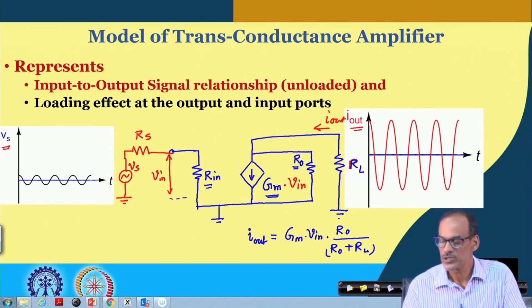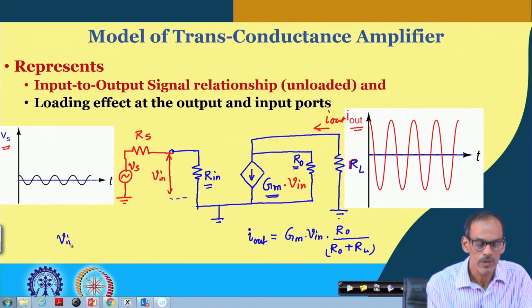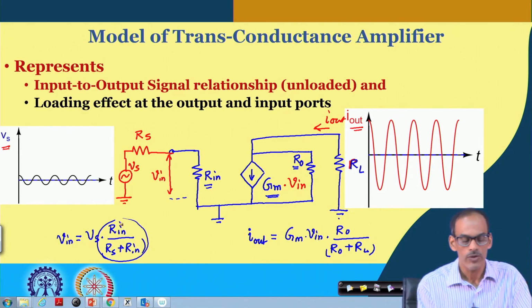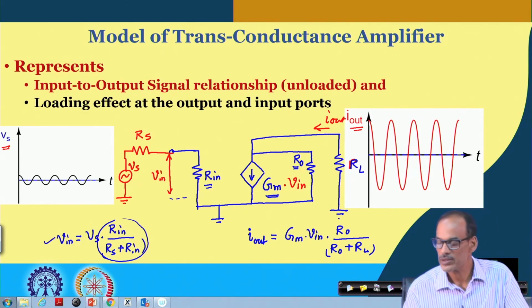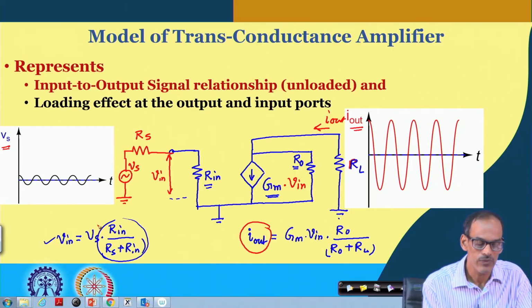Likewise at the input side, the V in will be V s multiplied by R in divided by R s plus R in. So, here again we have this factor to take care of the loading effect. Now, if I combine these two equations, we can find the relationship between the I out and the V s.